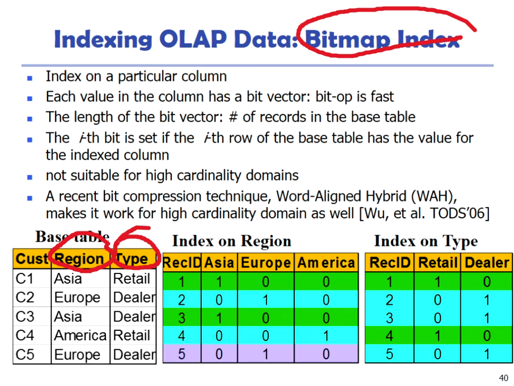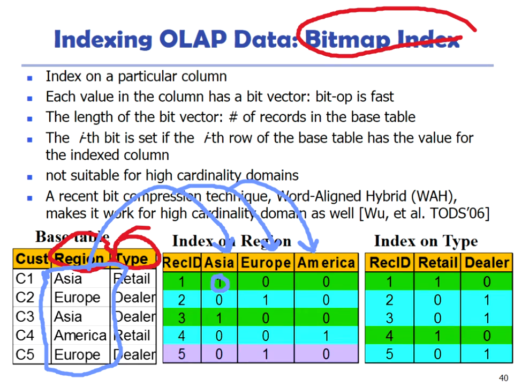For region, what are the possible values? We have Asia, Europe, and America. 3. So we will create 3 columns like this, and after that we will make a binary code. For example, for the first customer 100. That means for the first customer the region is Asia.